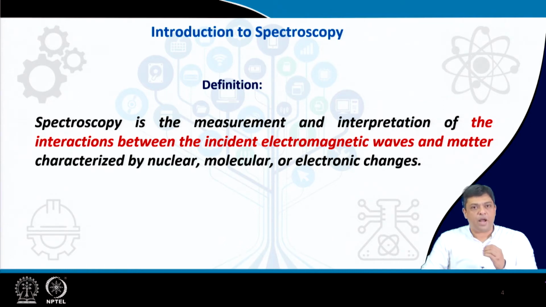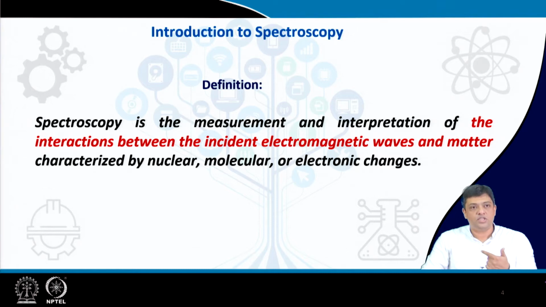Spectroscopy is primarily the measurement and interpretation of the interaction between the incident electromagnetic waves and matter. The moment I mention electromagnetic waves, please remember 2 things should cross your mind, that it has an E component and it has a B component.